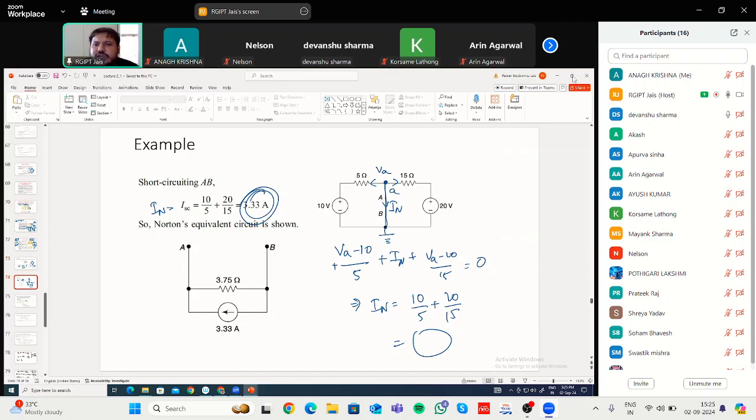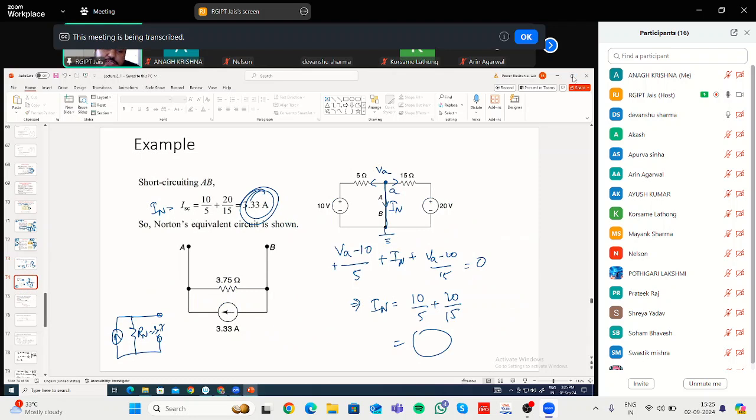Now, once you have got it, then it is easy. AB will be there, and here there will be a current source and a resistance of value Rn equal to 3.75 ohm.